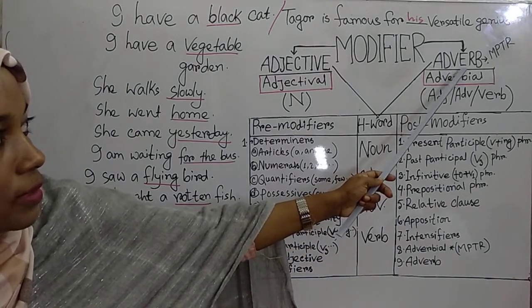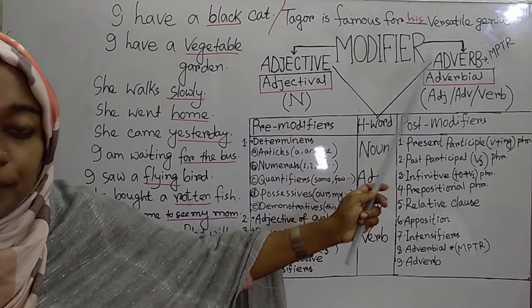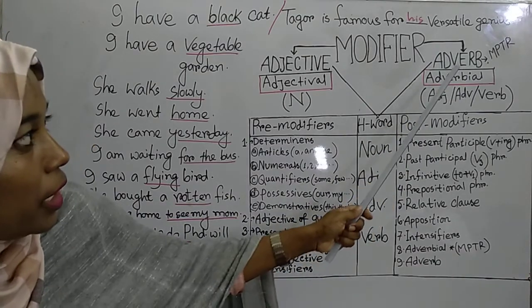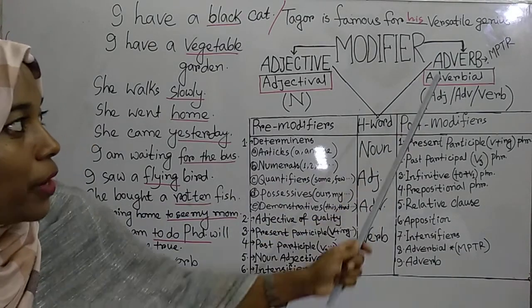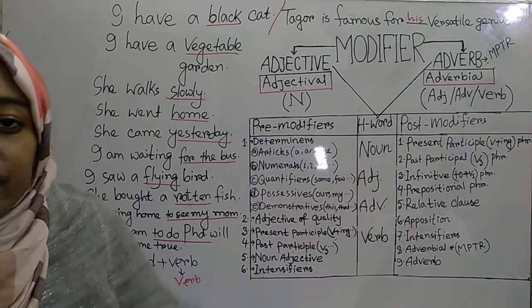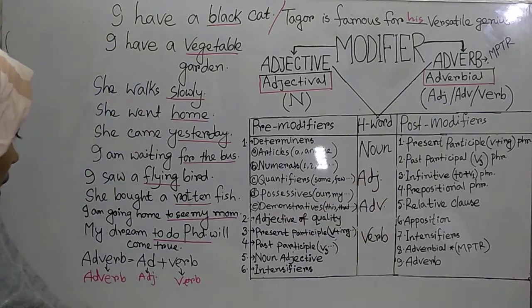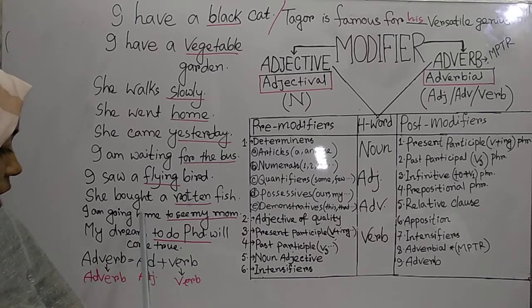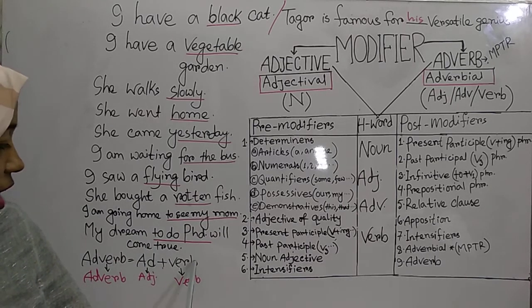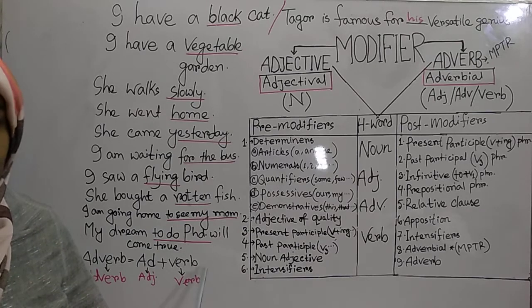Here you can see adverb. Now, if we break down the word adverb, we get two words. Here, adverb equals ad plus verb. Ad means add, and verb means verb.